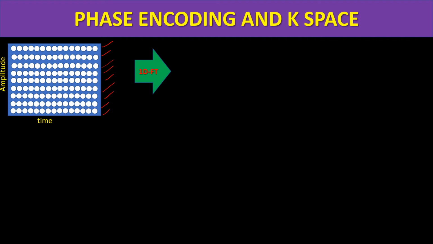The number of phase encoding steps will be the same as the number of pixels that we want to see. In this image, we have measured multiple times, the same number of times as the phase encoding steps.